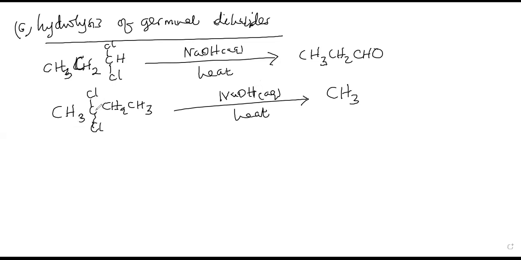Where you have two halogen atoms attached to one carbon, we get our functional group CO, giving CH3COCH2CH3. That is how we have it.